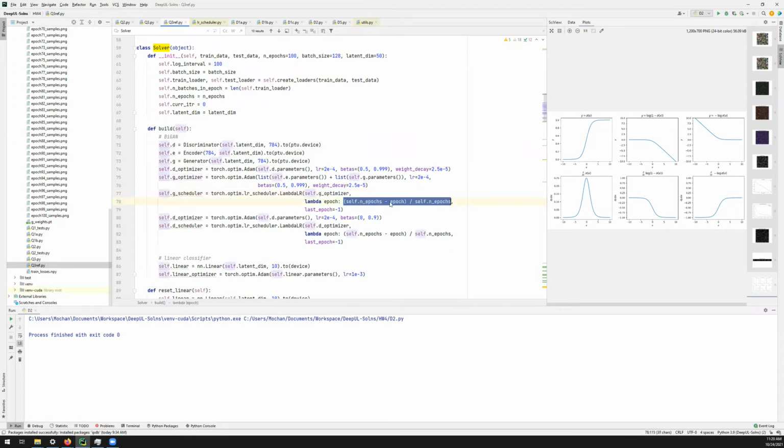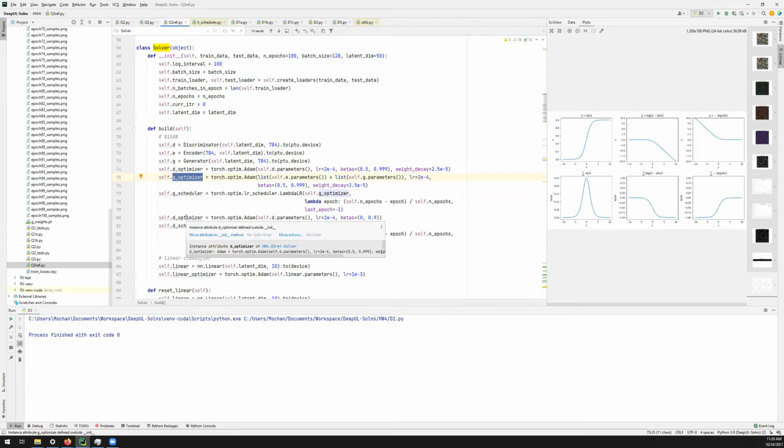The last one is 1 over the number of epochs, whereas the first one is just 1. Okay, and there's the same thing. There's 3 of these. You have D, G, and, oh, there's 2 D optimizers.